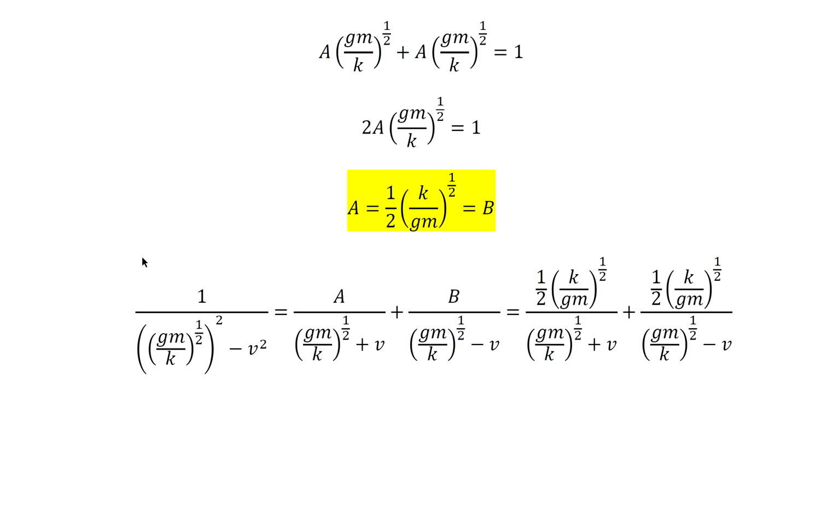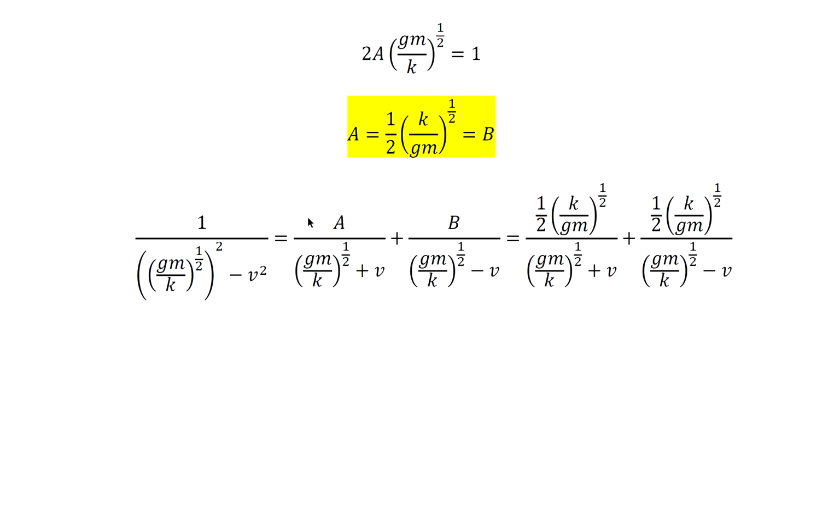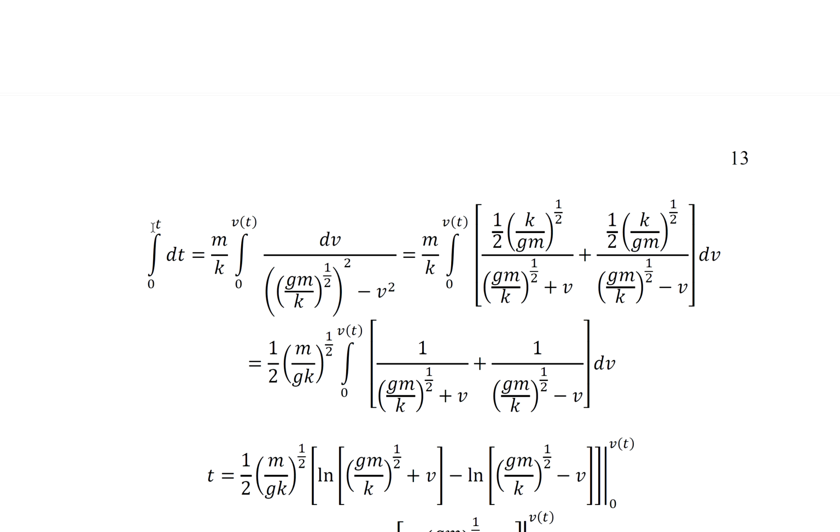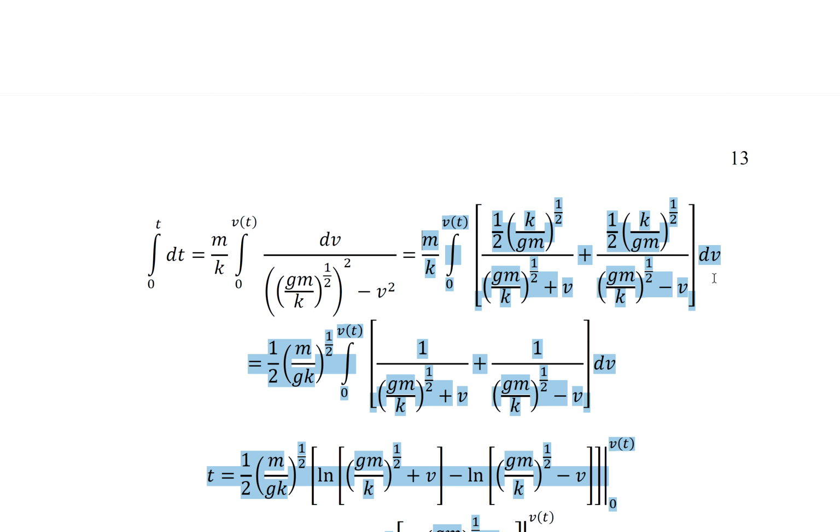So now my partial fraction looks like this. This is what I started with. This is what I have now. So you can see it becomes two integrals. So this, which is what I had previously, now becomes this.